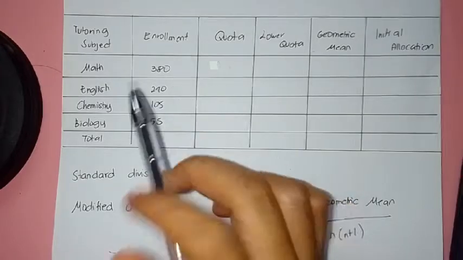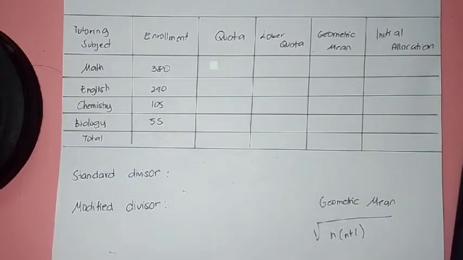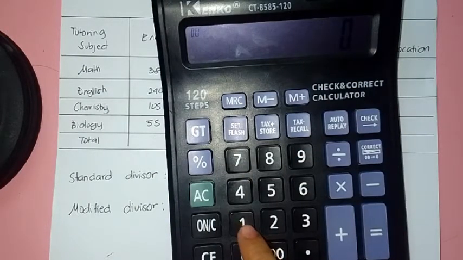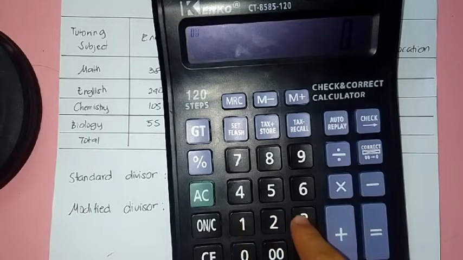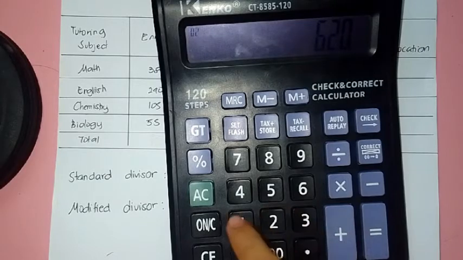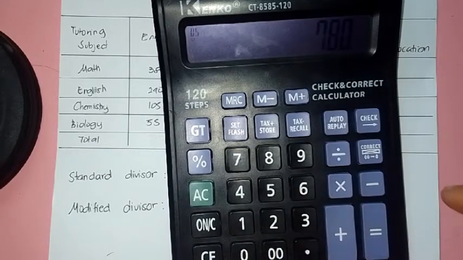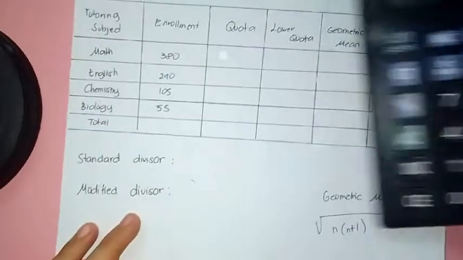To get the total, we add all the enrollees. So 380 plus 240 plus 105 plus 55. So we get the total of 780 student enrollees.